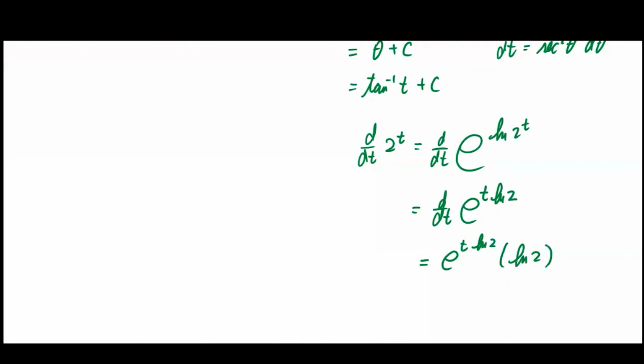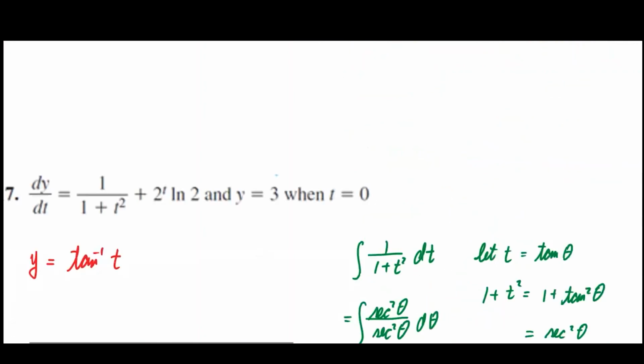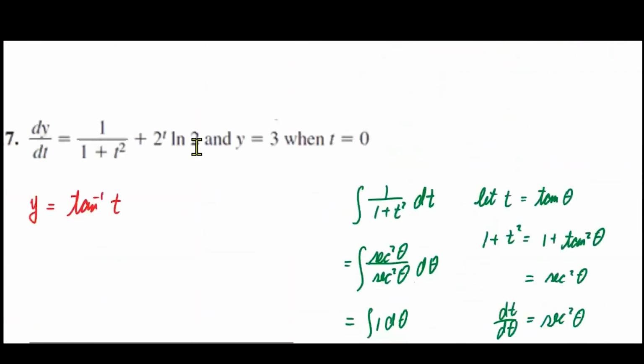Okay, then this e to the thingy was 2 to the t, and then ln 2. You with me? Wait a minute. Why does that look familiar? Look at that, right? So what does that tell you the antiderivative of that thing is? That thing is just 2 to the t now, isn't it?